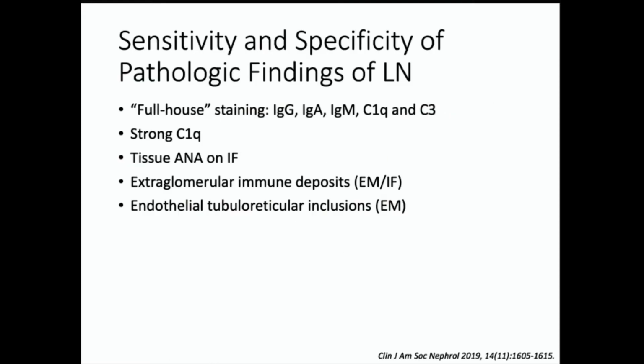So is there something that can help us really nail down the diagnosis? Let's pause here. There is a recent paper, not that recent, published in 2019. The group from Columbia studied the sensitivity and specificity of the IF findings for lupus nephritis. The reason this study was performed is that pathologists are granted the power to diagnose lupus nephritis, even in patients with a first-time diagnosis.